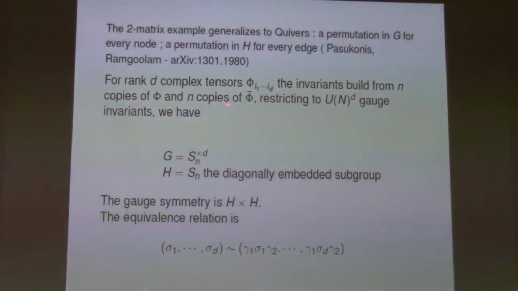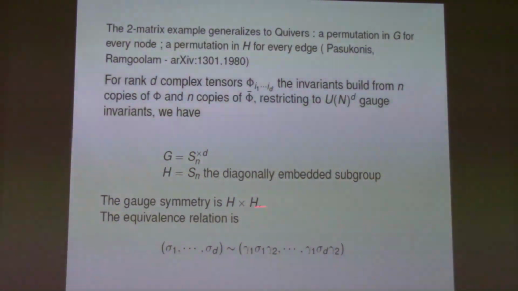So the answer to that is given by taking the group Sn, where n is the number of phi's I have in my composite operator. D is the number of indices I have on each phi. And I have a subgroup H, which is a diagonally embedded Sn.